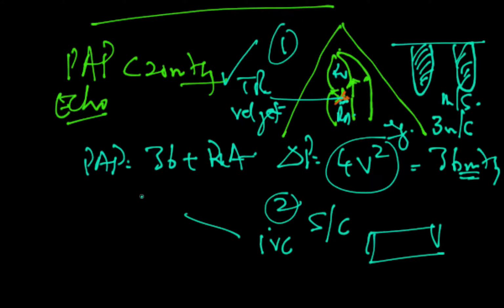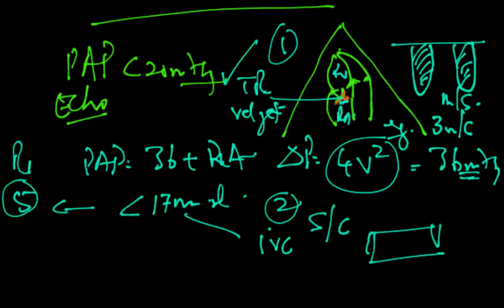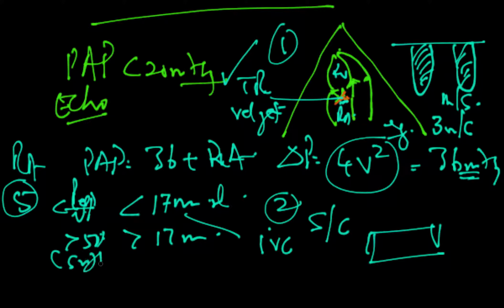IVC, if it is less than 17 millimeters, is normal. Normal dimensions are less than 17 millimeters. If it is normal, then the RA pressure will be 5. Now, if the IVC is more than 17 millimeters and more than 50% compressible with respiratory variation, this is like the sniff test, I call it the sniff test.